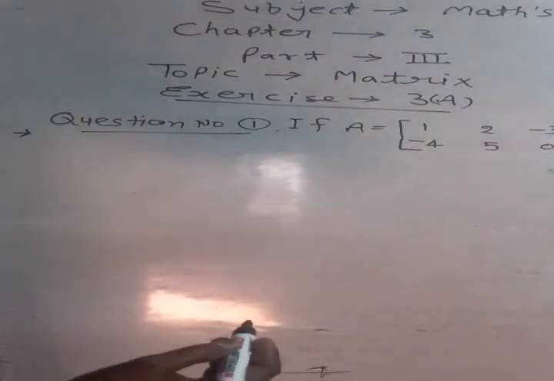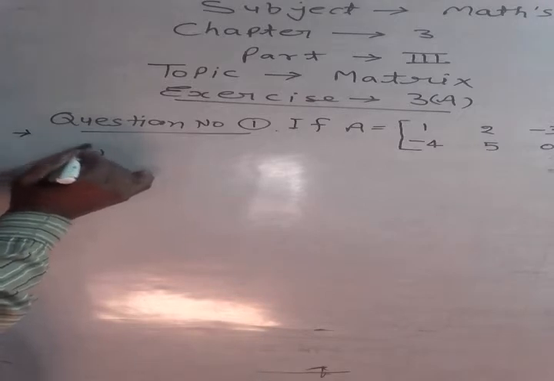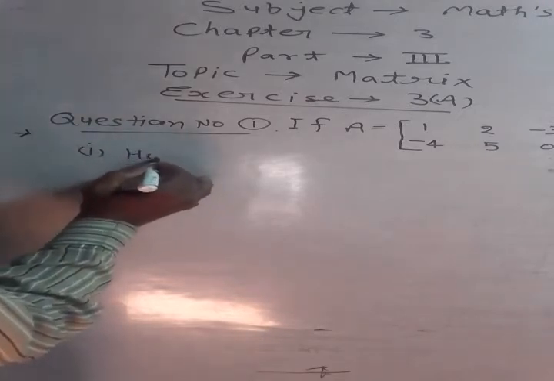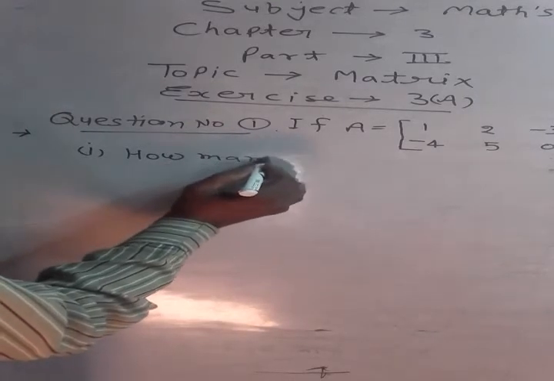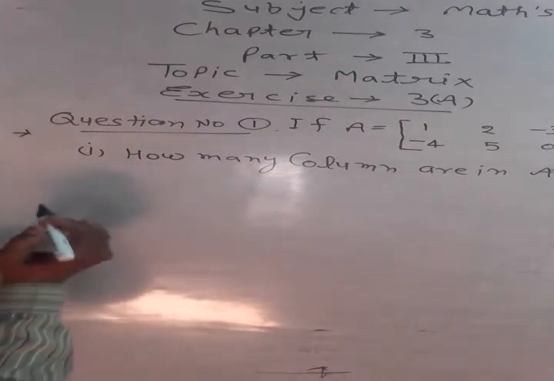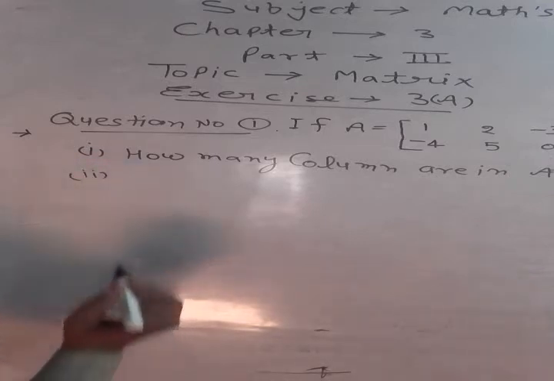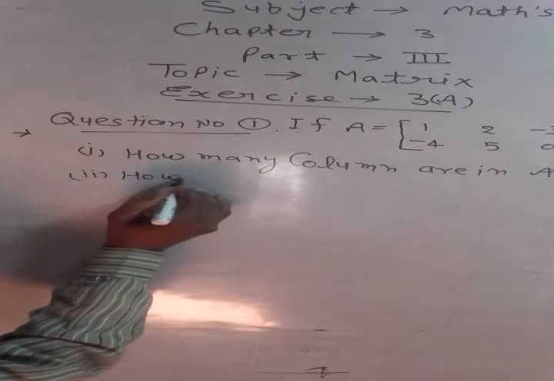how many columns are in A? First number, how many columns are in matrix A? Second number, how many rows are in A?